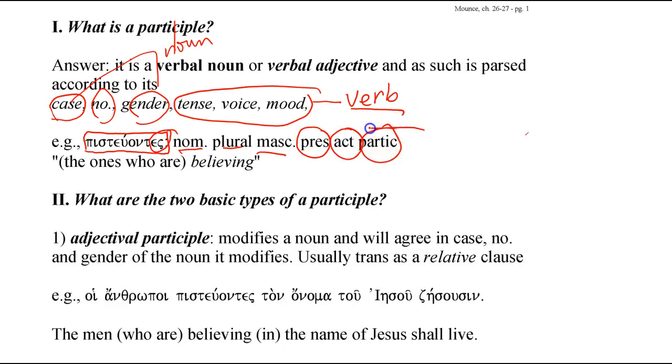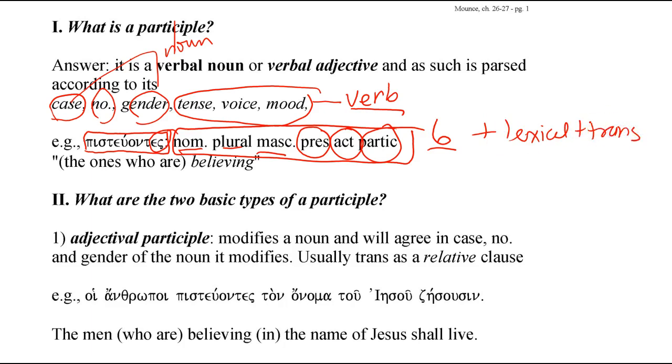So the entire parsing, there's 6 elements to the parsing components, plus the lexical form, plus the translation. And so pisteuontes would be a nominative, plural, masculine present active participle from pisteuo.